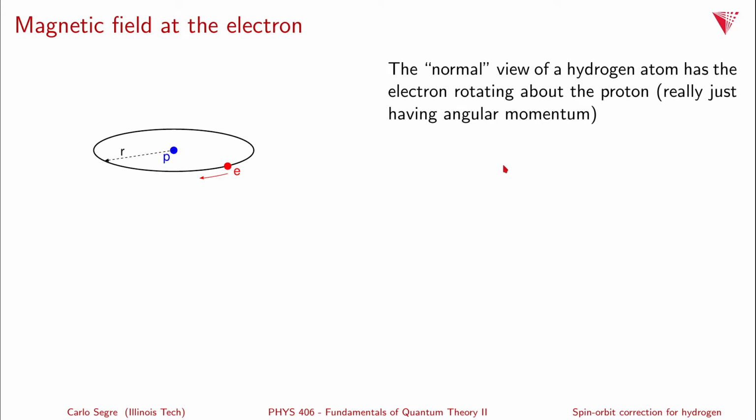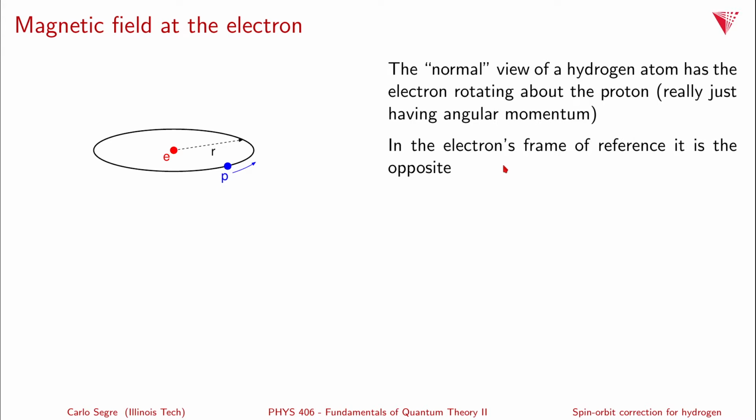If we look at the electron's perspective, however, in the electron's frame of reference, it's the opposite. That is, the proton has angular momentum about the electron. And since the proton is charged, it not only generates an angular momentum, but also a magnetic field.